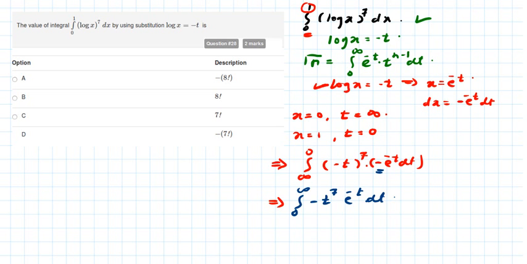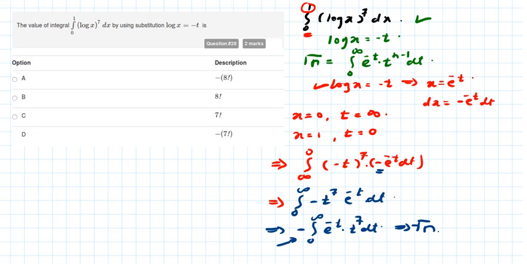Now this is again equal to minus integration 0 to infinity e raised to minus t, t raised to 7 dt. Now this is suppose gamma n. Okay, this will be minus gamma n because of this minus sign.